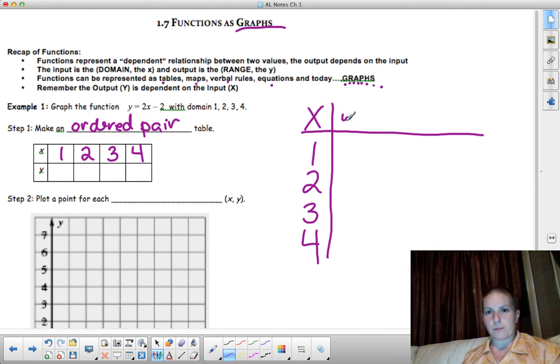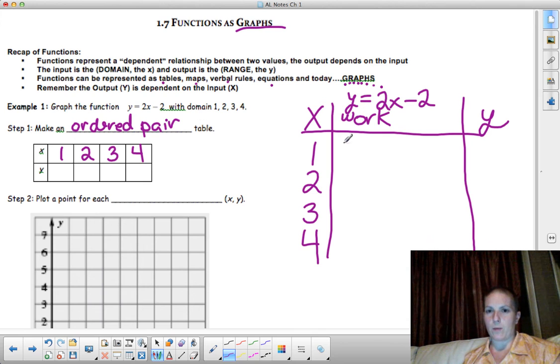We leave ourselves some space to show our work, so that it stays organized and we know what goes with what. And off to the side we get our range values, or our y values. And when we do our work piece, in this problem we're going to find the y value by setting it equal to twice the x value and then subtract 2.